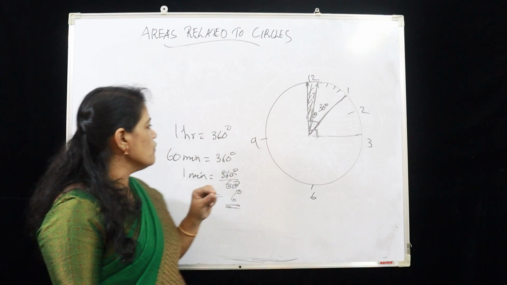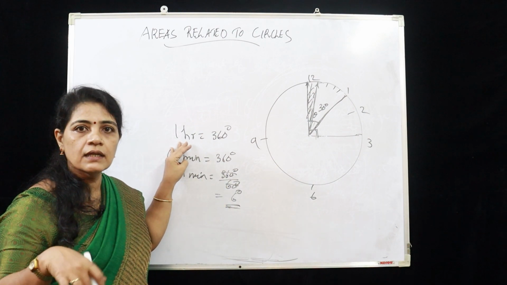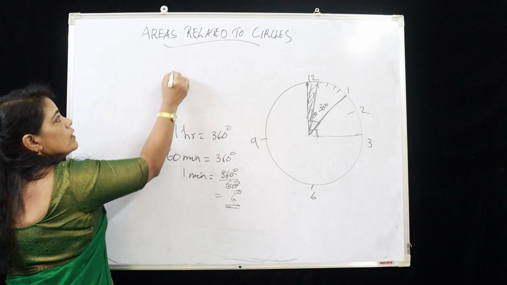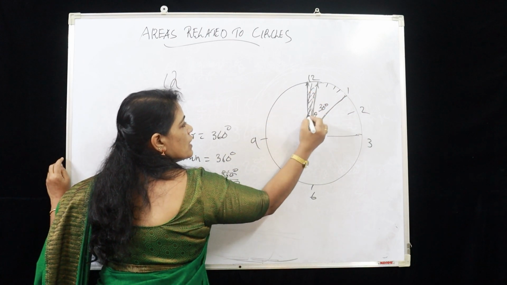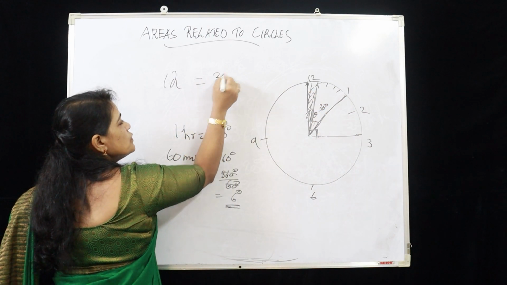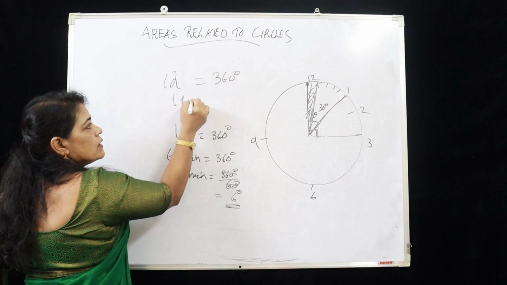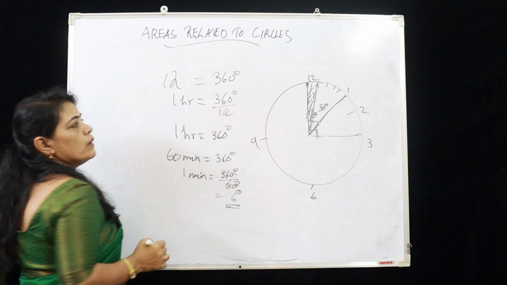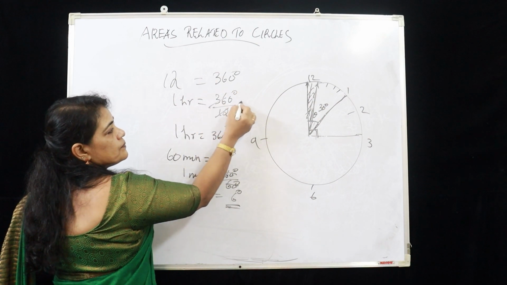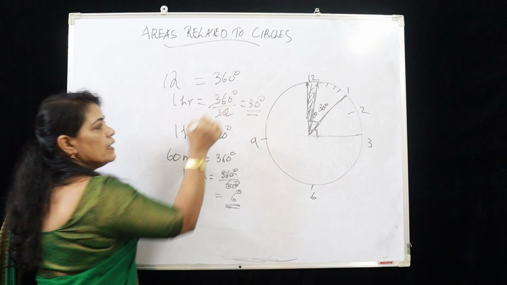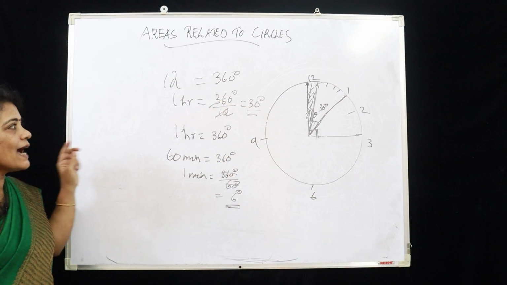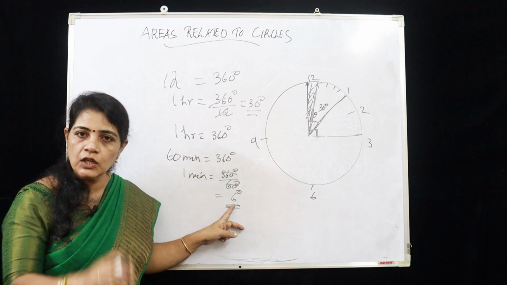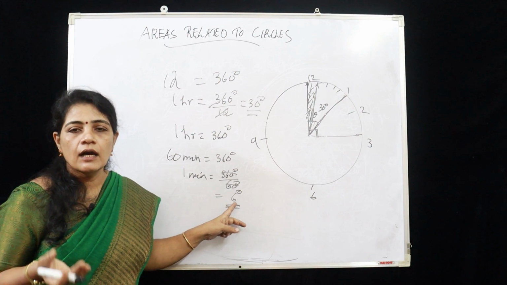In the same way, consider the angle described by the hour hand in 12 hours. This is equal to 360 degree. So 1 hour is equal to 360 degree divided by 12, that is 30 degree. These are very important: the angle described by the minute hand in 1 minute is equal to 6 degree, so that you can easily calculate the required measurements.